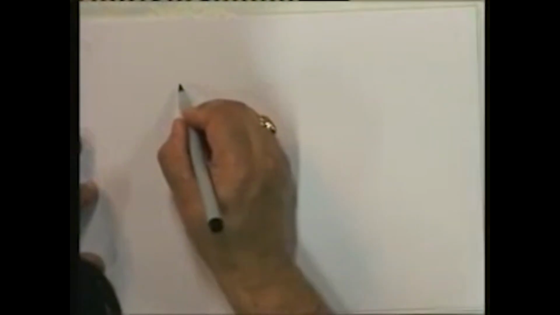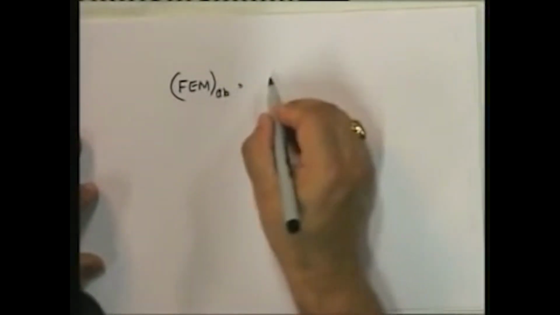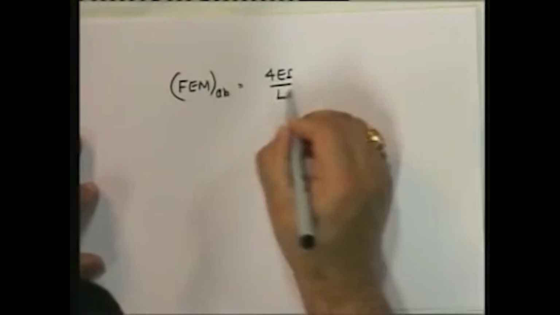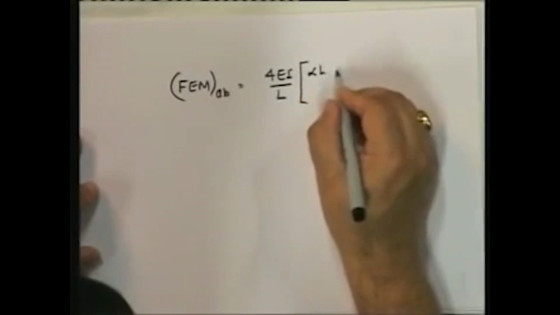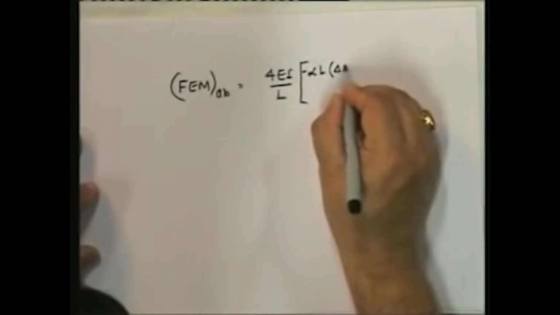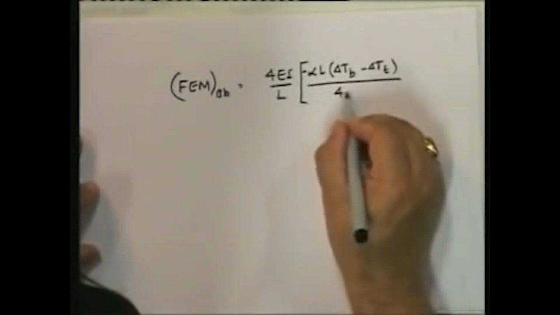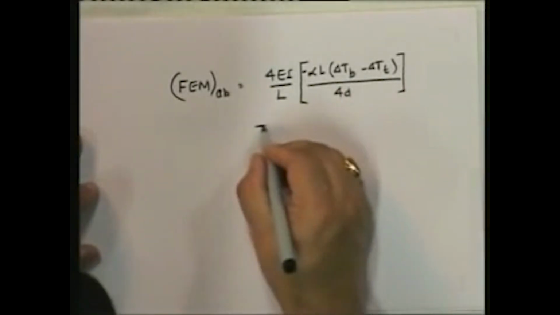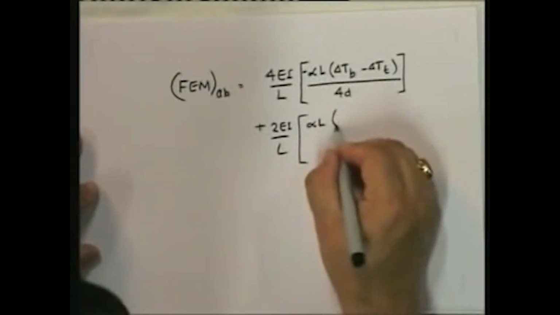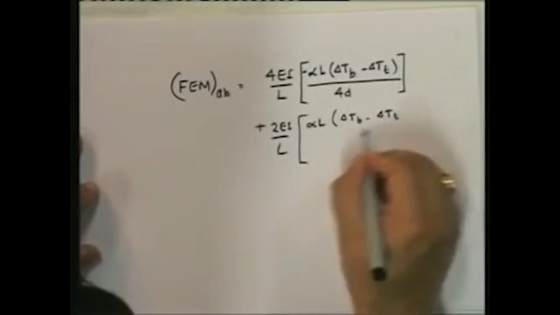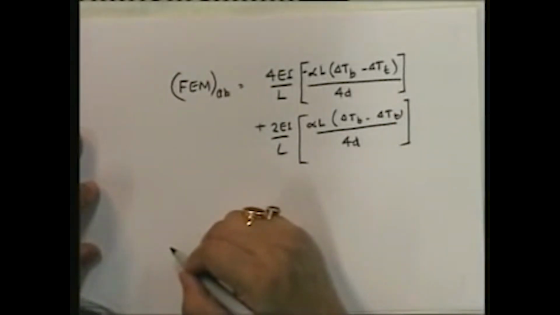Remember this, that fixed end moment AB is going to be equal to 4EI by L into alpha L into delta T bottom minus delta T top upon d, plus 2EI by L alpha L, okay.